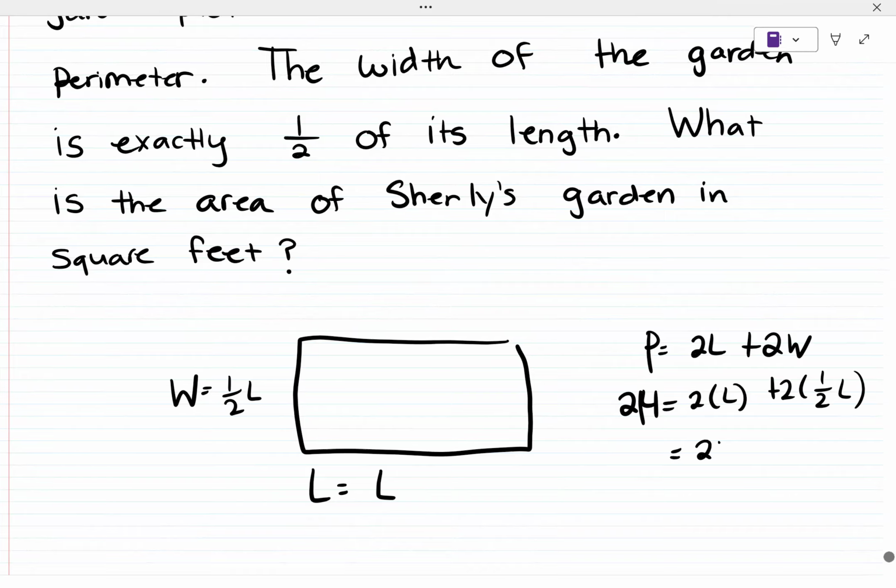So this is going to be 2L plus 2 times one half L, the 2's cancel, so you're left with L. The 2L plus 1L is 3L, and then to solve for L, you divide by 3. And I get 24 divided by 3 is 8.